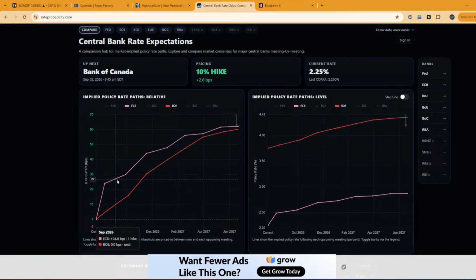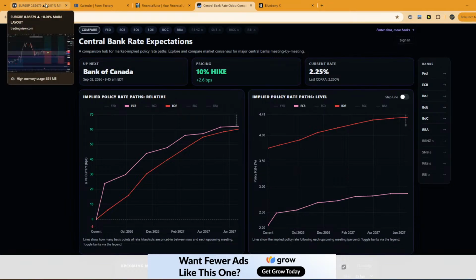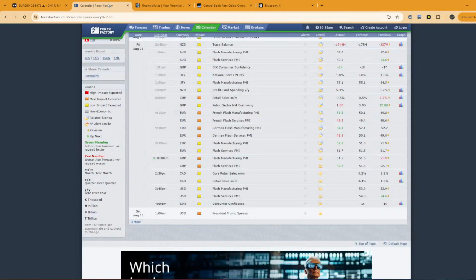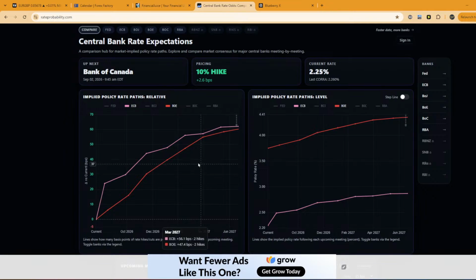We expect more hawkishness from the ECB compared to the BOE, the Bank of England, in red line, which is less hawkish. So that means fundamentally euro could potentially be stronger than the pound until we have another change of expectation.